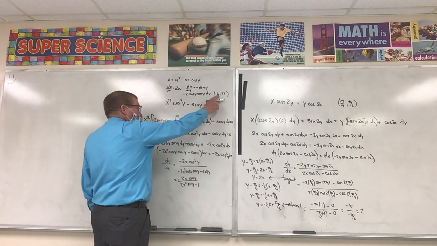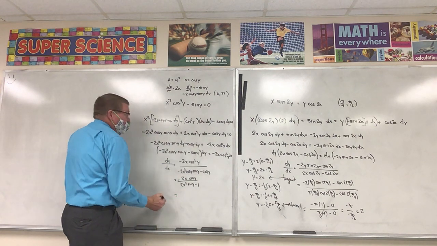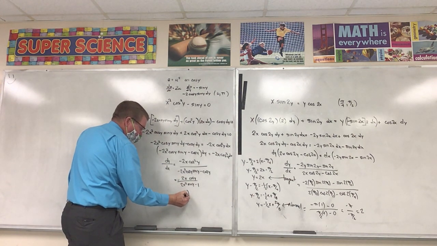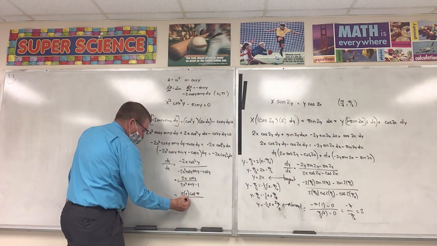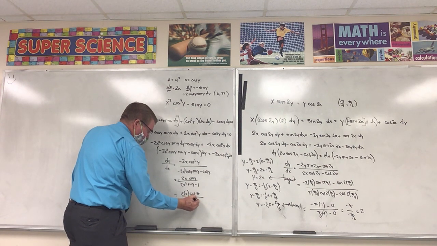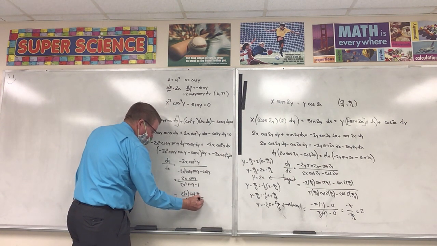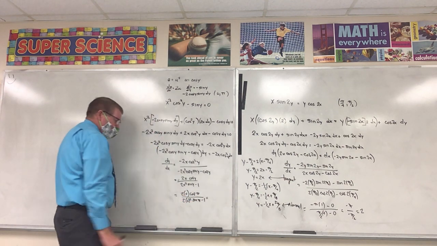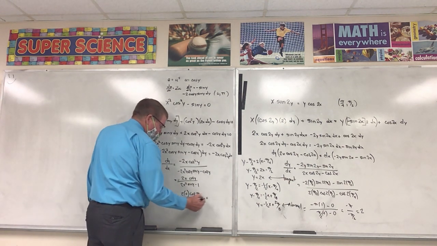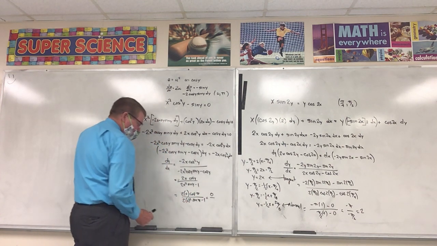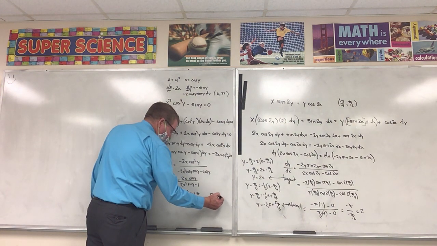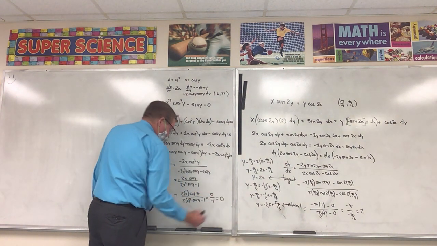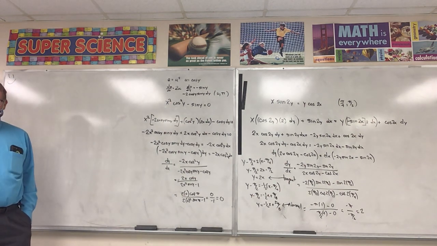We want to find it through 0, pi, so it's going to be 2 times 0 times cosine pi over 2 times 0 squared sine of pi minus 1. Well, 2 times 0 is 0, times cosine pi is 0, over negative 1. So the slope is 0.